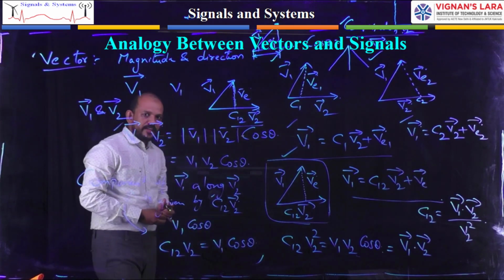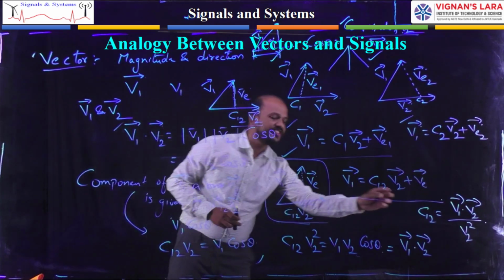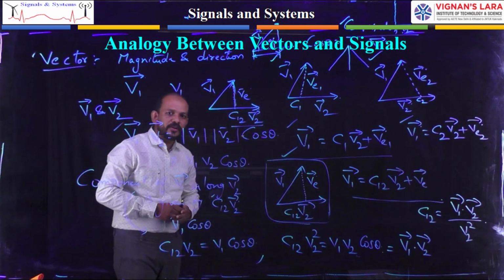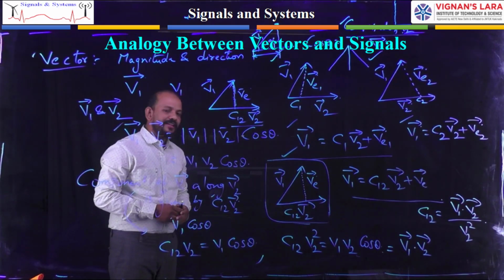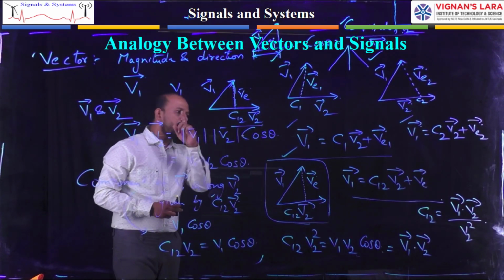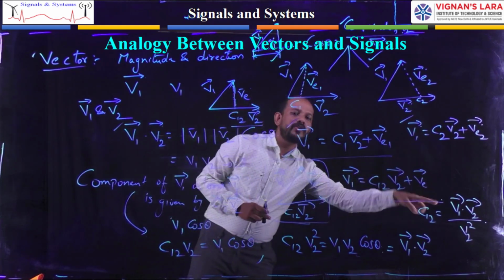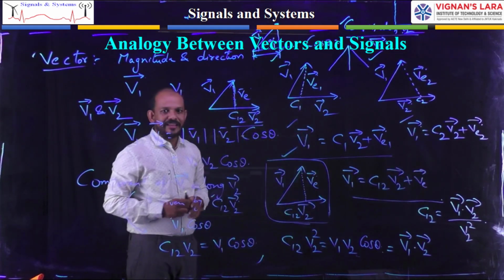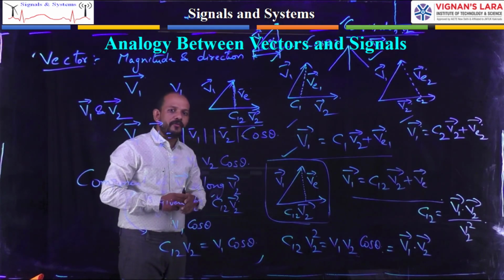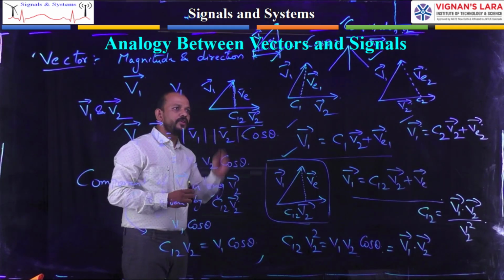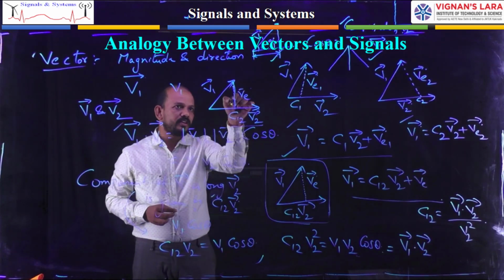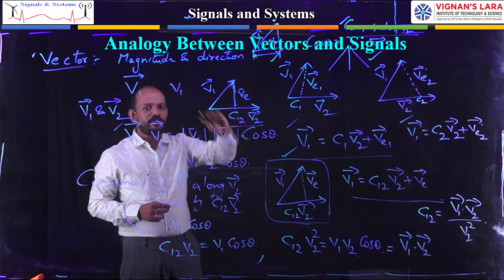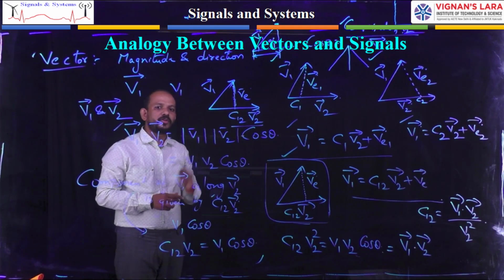Let's take, if the value of C12 is 0, then there will be no component of vector V1 on vector V2. That is, there is no possibility of drawing a line from one end of that vector onto the other vector.